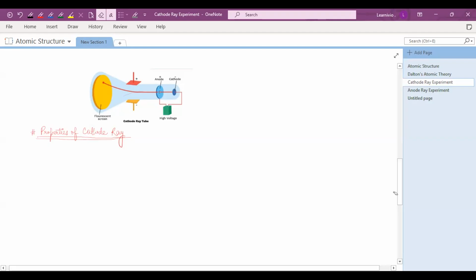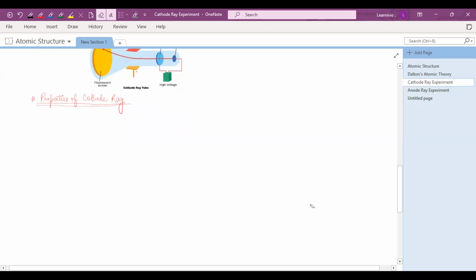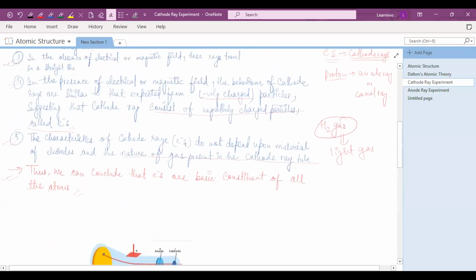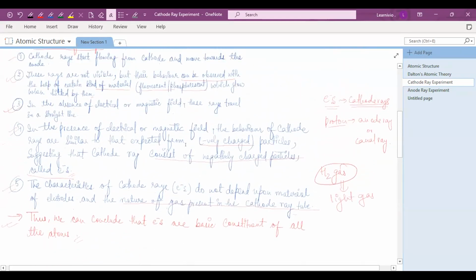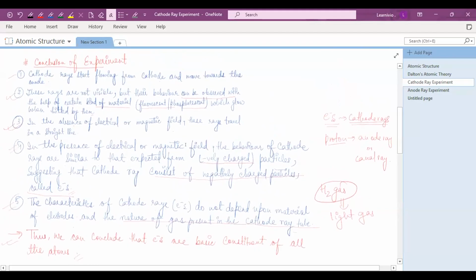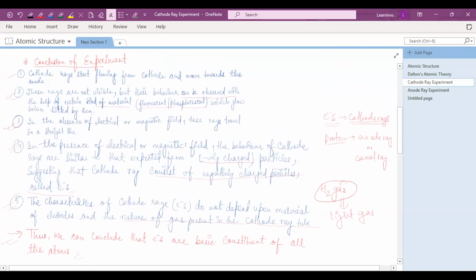So write down the properties of cathode ray. No, I didn't write from the experiment. Okay, you can write. I'll take a screenshot. Yeah, you can take, because only 5 minutes are left. Can you scroll up?